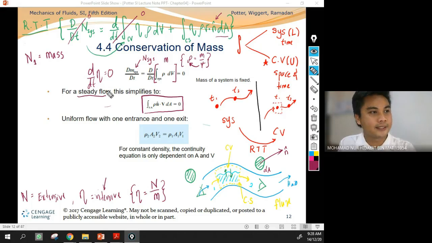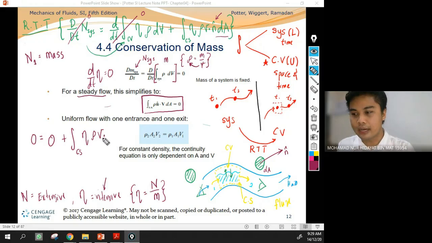From this equation, remember, we call this 0 equals 0 plus control surface intensive property rho V dot n dA. Why dot product? Because we consider only the flow perpendicular to the cross-sectional area. And this is a unit vector, yeah, only direction is concerned. Alright, so in this equation there is the intensive property.